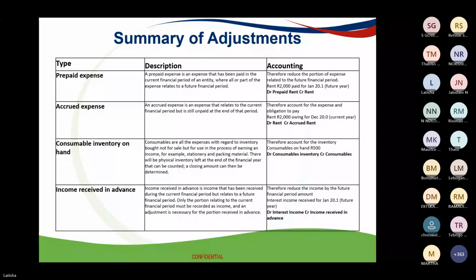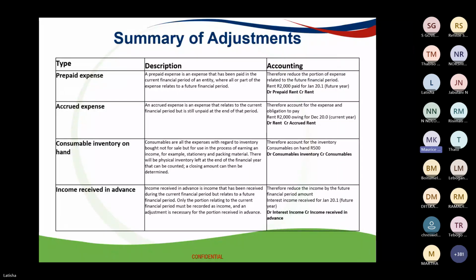The adjustments, how do they arise, these adjustments? Now, if you remember in Unit 1, we have an accrual basis of accounting.